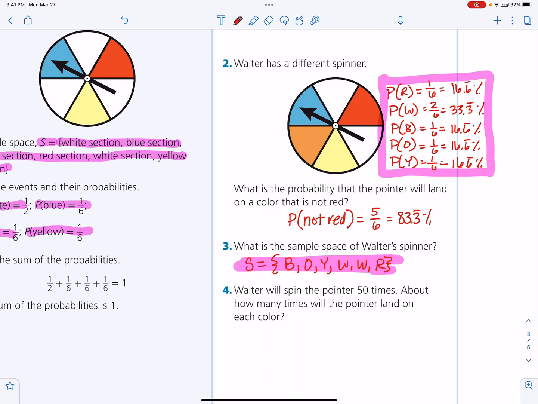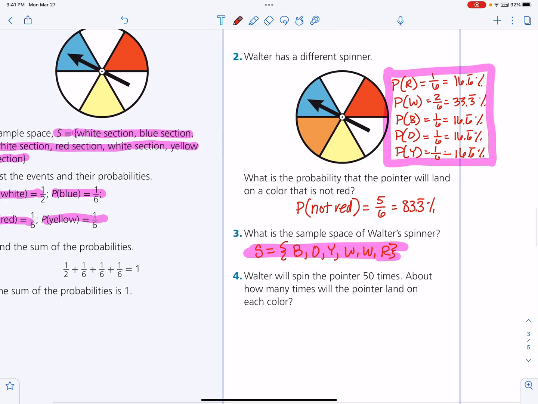Okay. All right, number 4, Walter will spin the pointer 50 times. About how many times will the pointer land on each color? So what you're going to do is, since you know the base ratio for each color, the probability of landing on a red is 1/6. And so here's our 1/6.